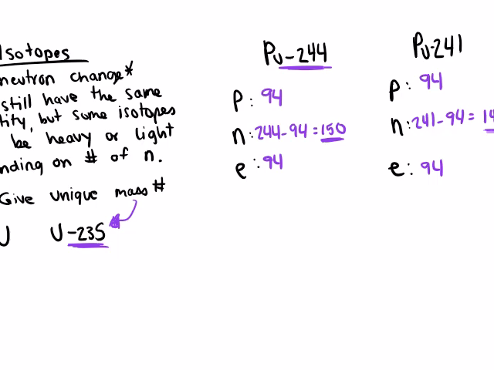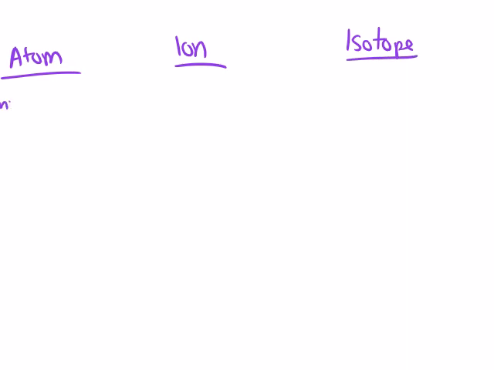Okay, so just as a quick little recap. Atom, ion, isotope. The atomic number always gives you the number of protons.